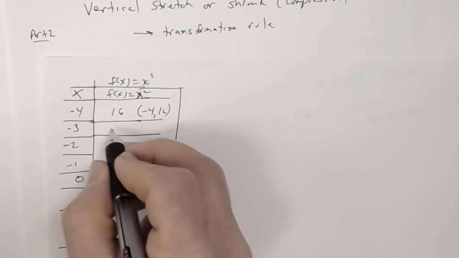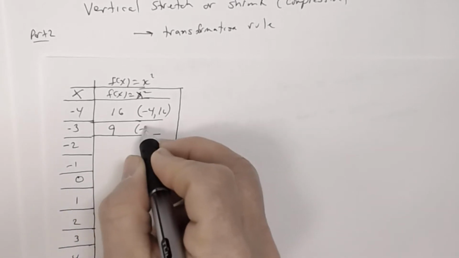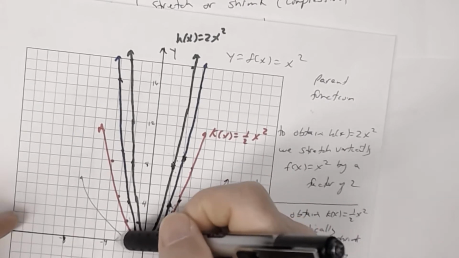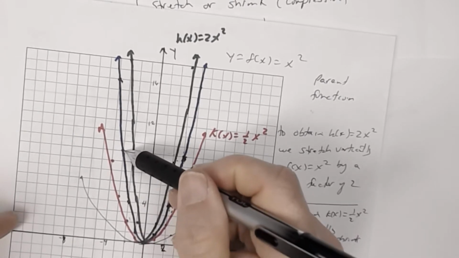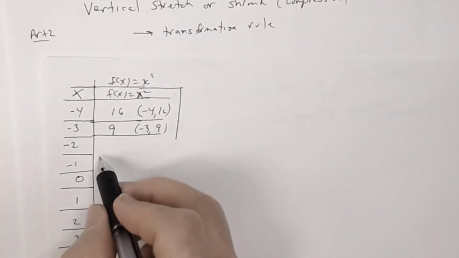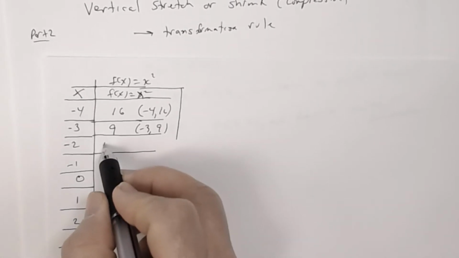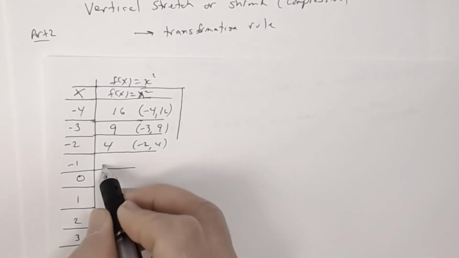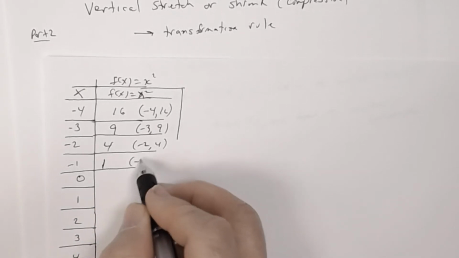When x was negative 3, I got 9, which gave me the point negative 3, 9. That's what I plotted. Negative 3, 9 was right here. When x is negative 2, I got the point negative 2, 4. When x is negative 1, I got the point negative 1, 1.